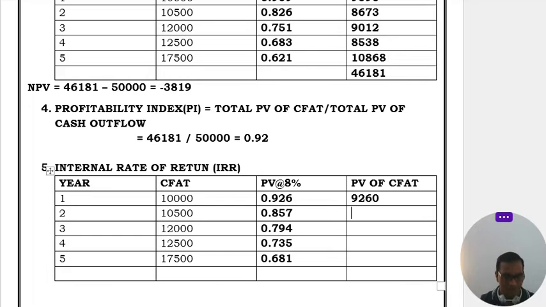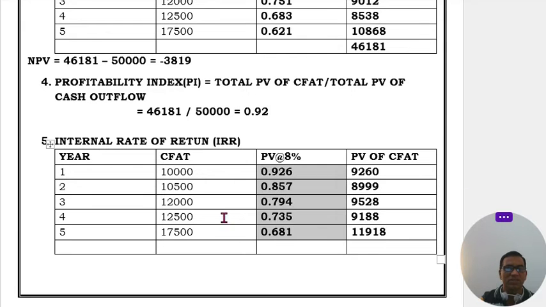Next, 10,500 multiplied by 0.857 is 8,999, rounded off. 12,000 multiplied by 0.794 is 9,528. 12,500 multiplied by 0.735 is 9,188, rounded off. 17,500 multiplied by 0.681 is 11,918, rounded off.